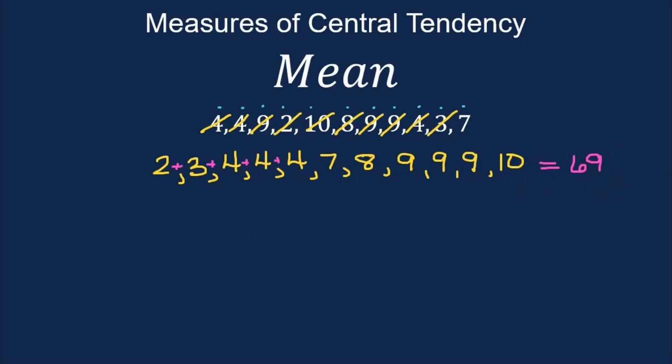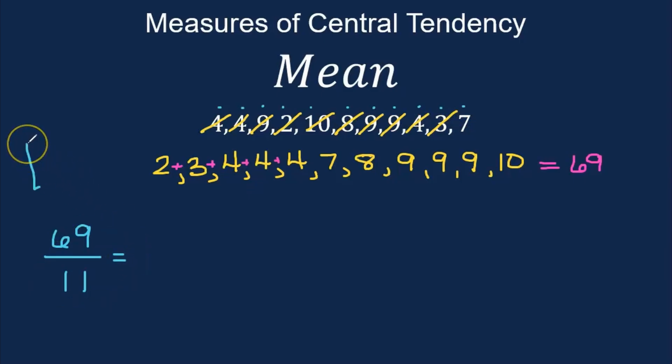Now what we're going to do is take that total, 69, and we're going to divide it by the number of data points we have. And you can see we have 1, 2, 3, 4, 5, 6, 7, 8, 9, 10, 11.